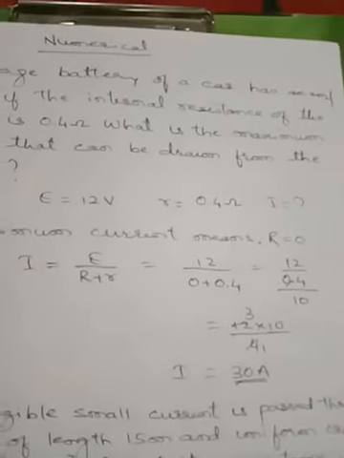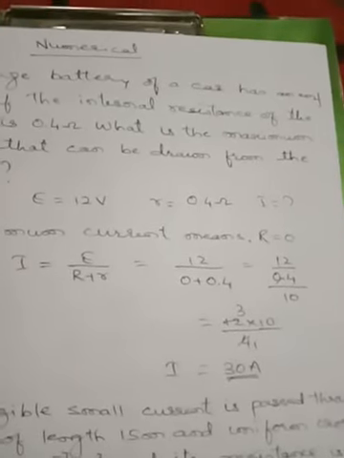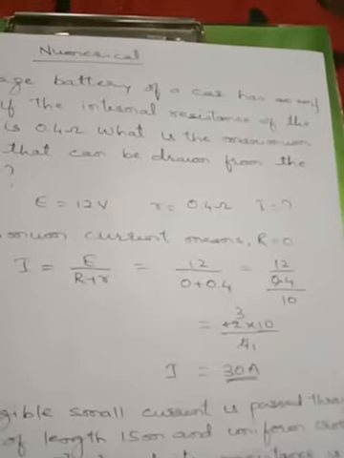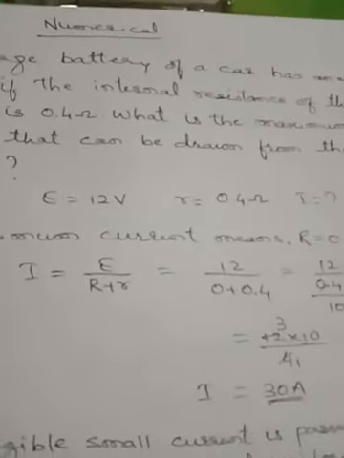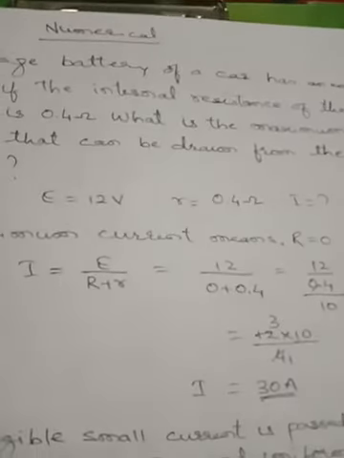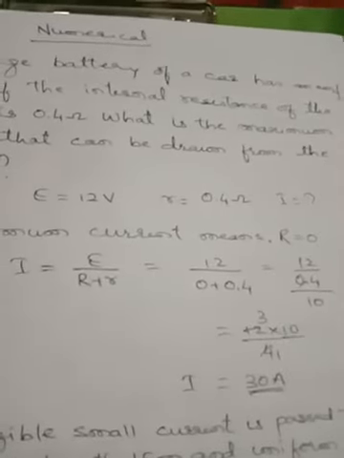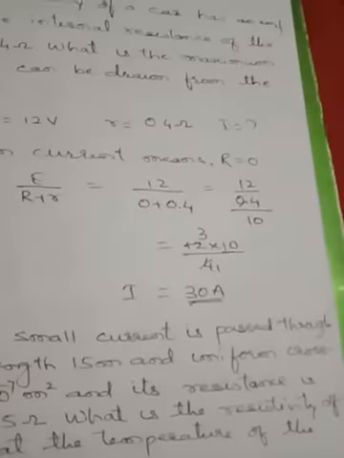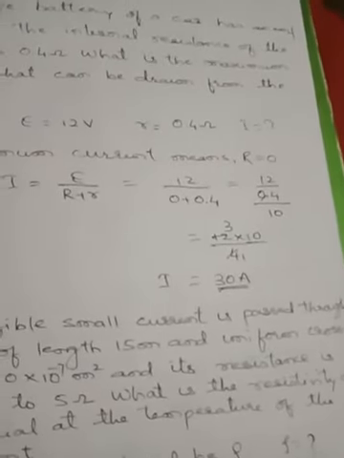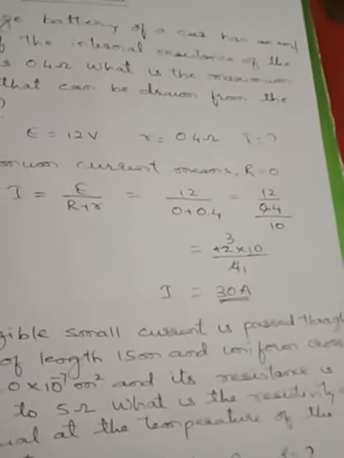So now here in this particular problem, what we have understood is that storage battery is given. Since battery is given to you, in the battery case we have seen the formula I is equal to E divided by R plus r. And one more thing, here external resistance is 0. Why we have taken external resistance 0? Because the condition is given, what is the maximum current that can be drawn from the battery.